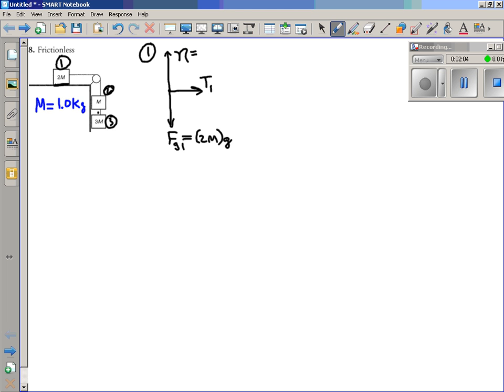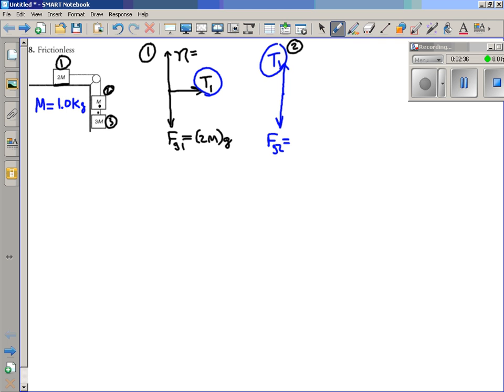All right, for object 2, mass m here, we have the following forces acting on it. We have tension 1 acting in the upward direction. And this is the Newton's third law force pair to this tension 1. So these two forces are equal in magnitude. And then, of course, there's the weight, or the force of gravity, for object 2, acting down.